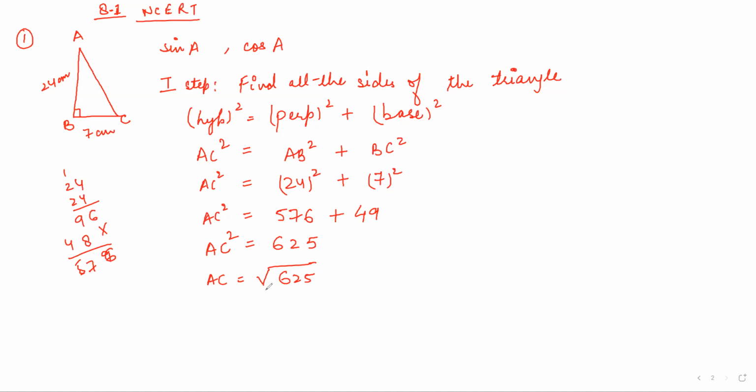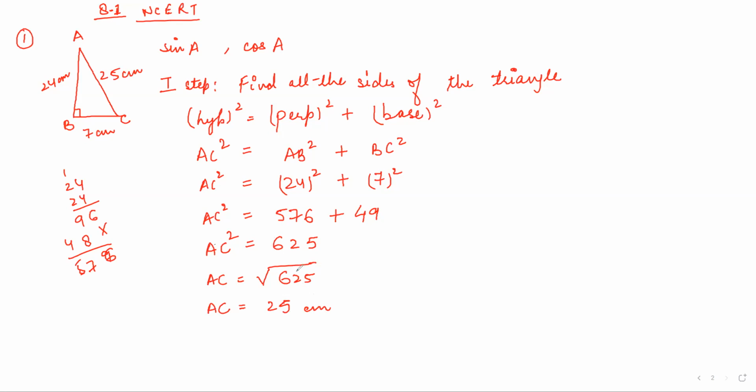You forgot. Okay, anyway, 625 is a perfect square of 25. Everything is in centimeters, so your AC is 25 centimeter. I'll tell you how to find it later. So I have got all the three sides.